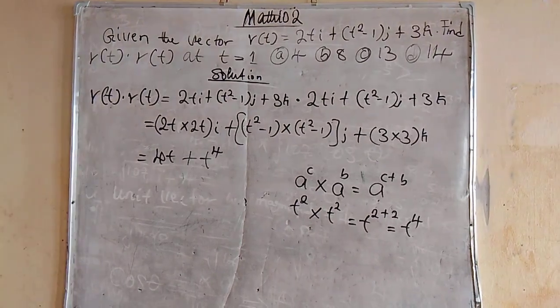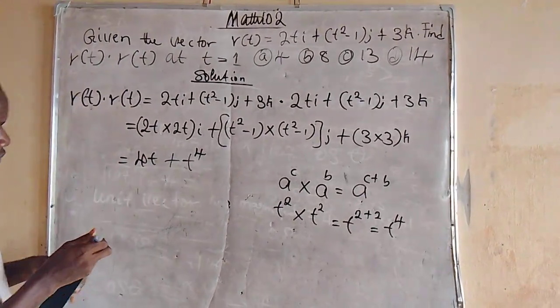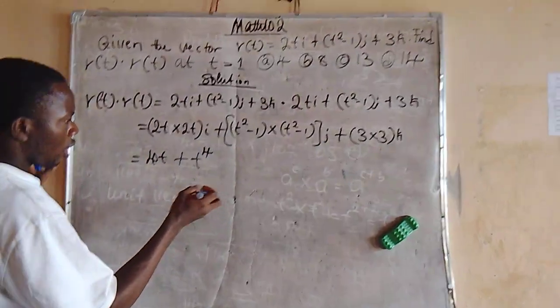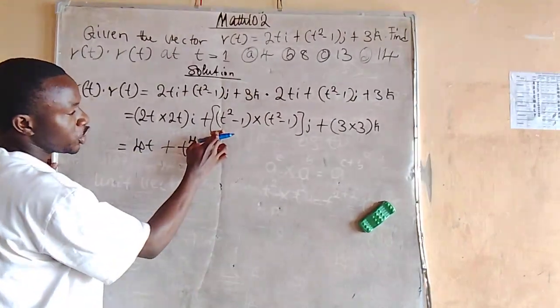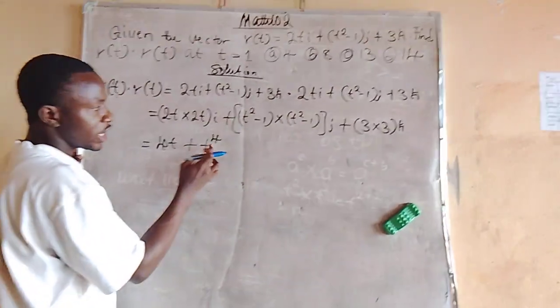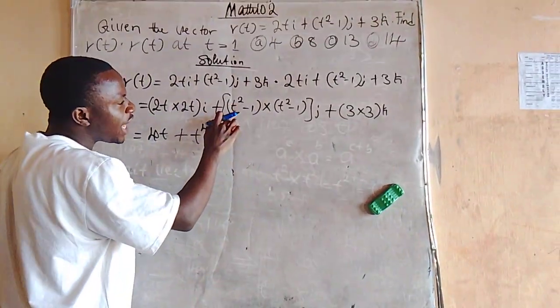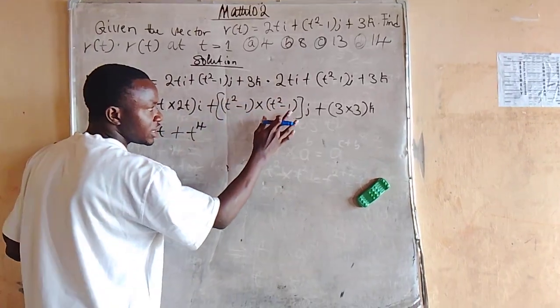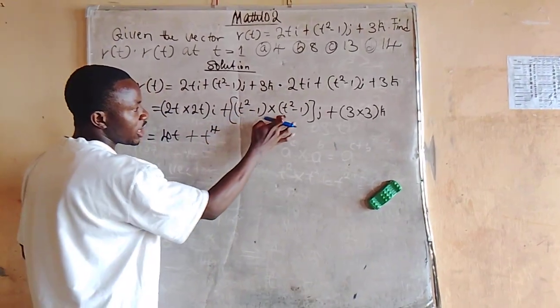Solving further, I believe everybody understands how we got this t raised to the power of 4. Now we pick the first term again, because we pick the first term and multiply everything in the second bracket. We are done multiplying the first term here.